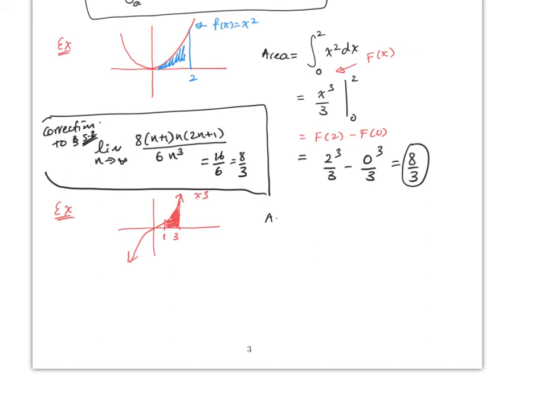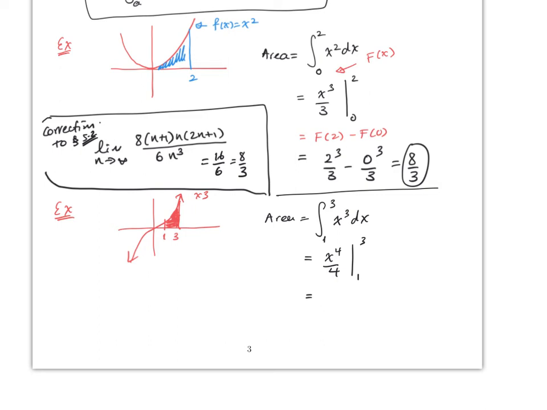Instead, the area is just going to be the integral from 1 to 3 of x cubed dx. And remember, the antiderivative of x cubed is x to the 4 over 4, from 1 to 3.